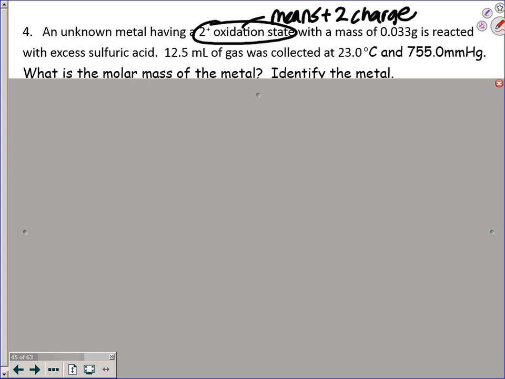I'm going to put M for metal. So M plus sulfuric acid, H2SO4. What does that produce? What kind of reaction is this? Single replacement, so who gets booted? Hydrogen gas. And the metal gets with who?